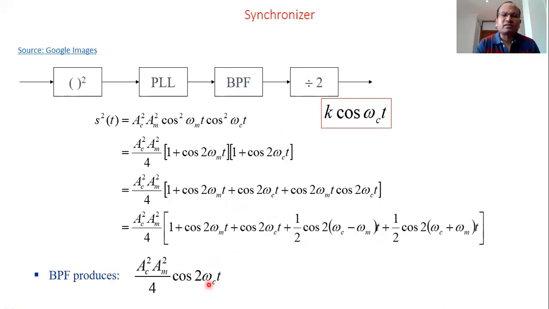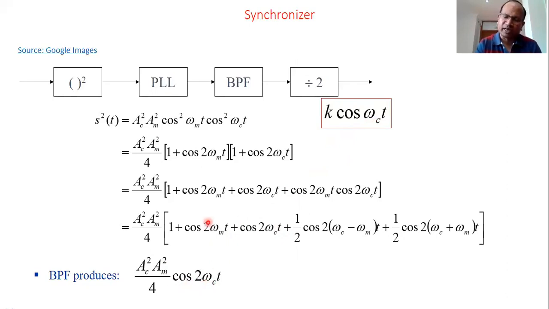There is a small change, I'm sorry. Cos 2 omega ct will not be generated because we are recovering the carrier signal. We are trying to generate the exact carrier frequency. Even after multiplying, we are trying to get it. So this BPF will give you cos of 2 omega mt. I'm really sorry, it will not be cos of 2 omega ct.